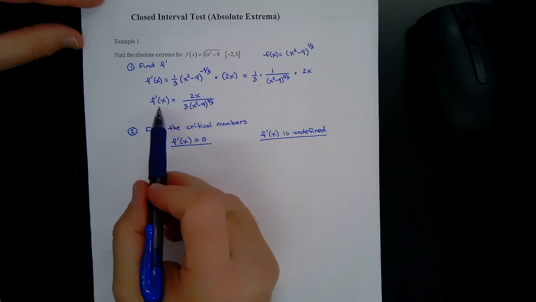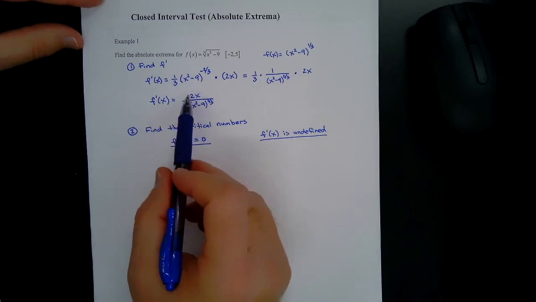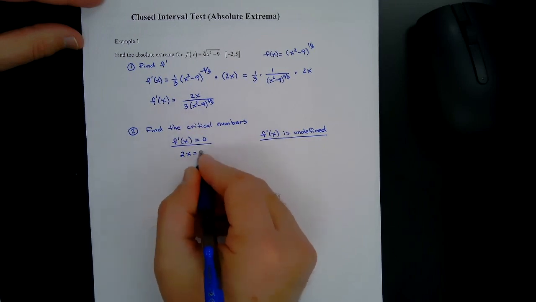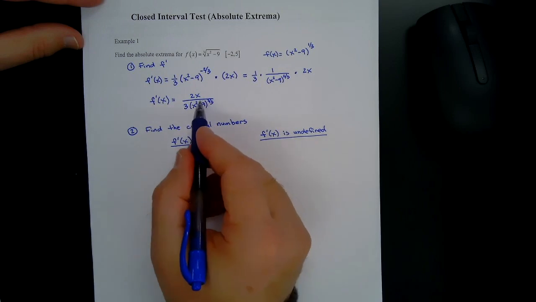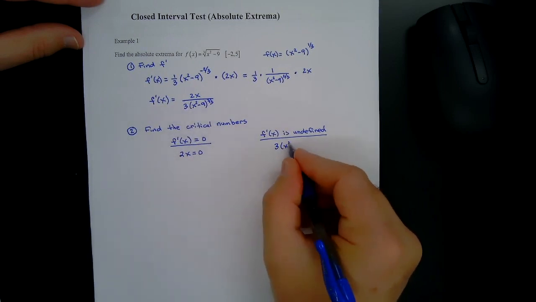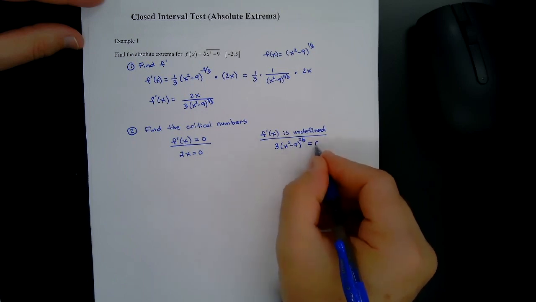Okay, so this derivative is 0. The only time it could be 0 is when this numerator is 0. So that's all I have to do is set the numerator equal to 0. And for where it's undefined is when the denominator is equal to 0. So that'd be 3 times x squared minus 9 raised to the 2/3 power equals 0.